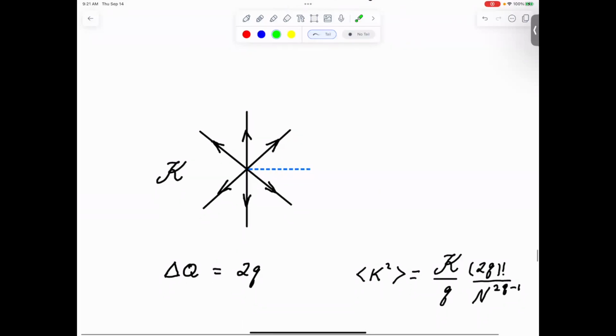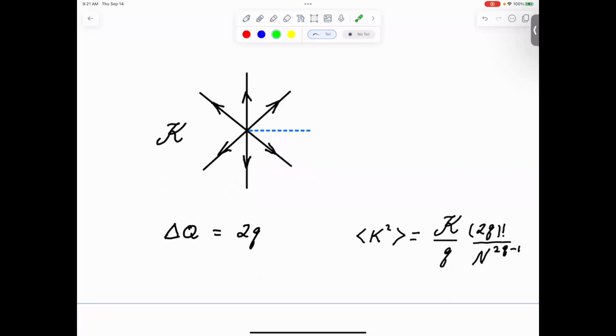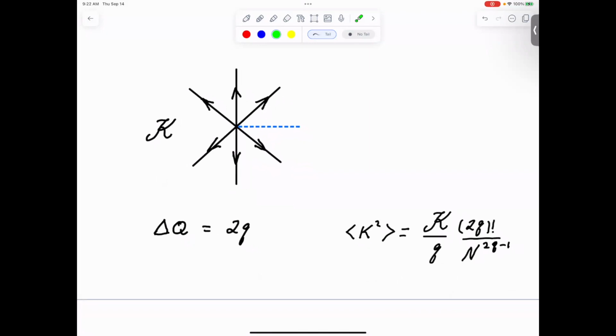In terms of the symmetry breaking, each vertex changes the charge by 2q units, 2q fermions coming out. And that's a large amount of symmetry breaking. Each vertex changes the U1 charge by an amount 2q. We could imagine a much less severe breaking in which, for example, delta Q was of order 1.